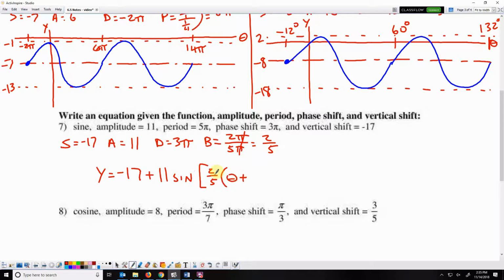Theta plus displacement of 3 pi. But I actually have a displacement of 3 pi, which means in here, I'm actually going to want minus 3 pi. Okay, so that minus tells me it's going right 3 pi.